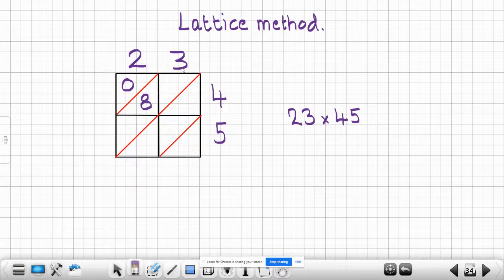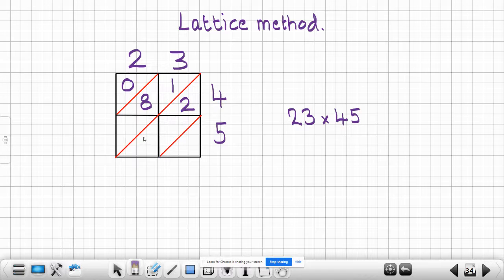Now we move along to the next box, and here if we look above we've got a 3, to the side we've got a 4, so we're doing 3 times 4, which is 12. So the 1 is going at the top for the tens and 2 at the bottom for the units.